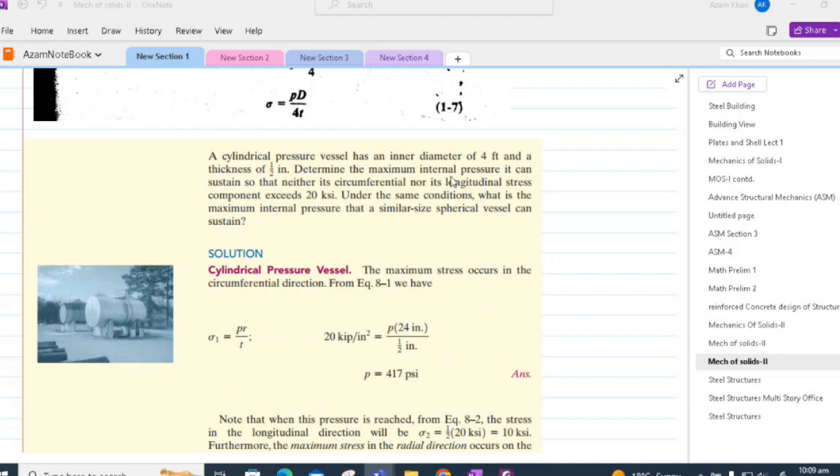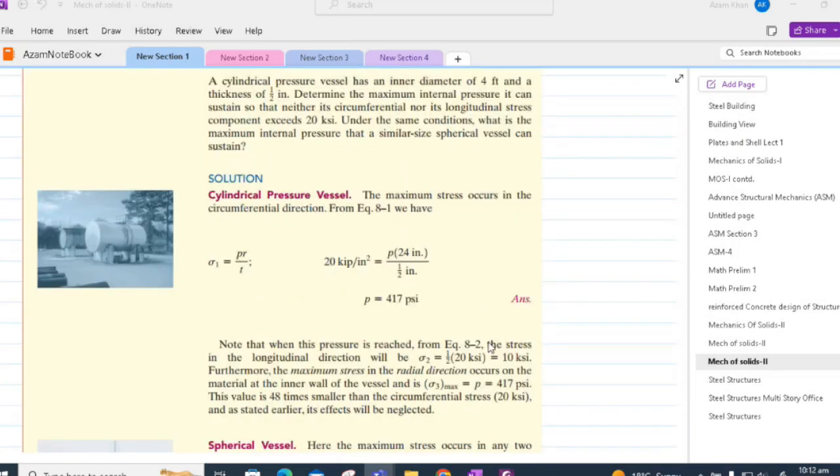Instead of diameter, we can have thickness. So we are given the stress component 20 ksi, and plugging in the values, 20 equals small p times 24 inches, which comes from the diameter of 4 feet, divided by ½ inch thickness. Plugging the values, we get p equal to 417 psi.